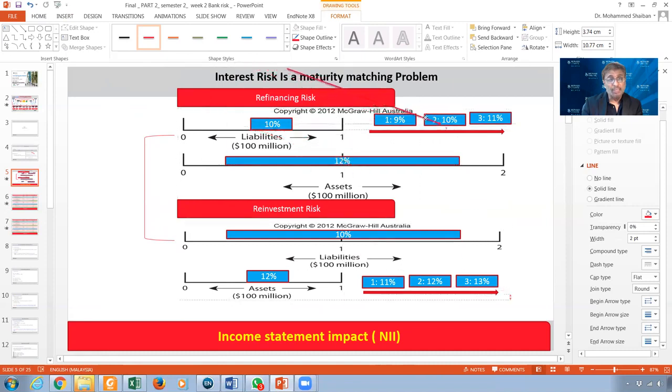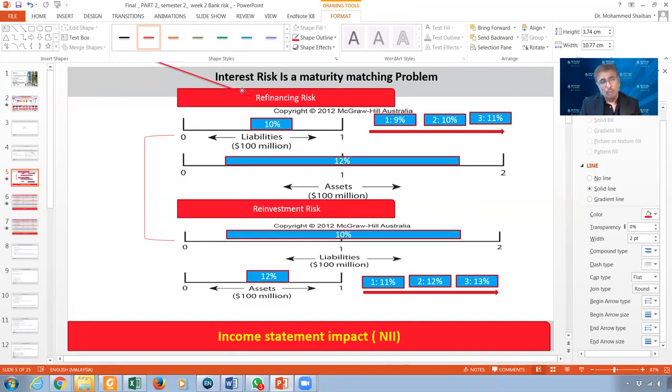If I'm at 10%, then there is no problem because 10% and 10% are still the same. The problem is if I'm in case 3. If I'm in case 3, I'm exposed to interest rate risk, and this is coming from the refinancing. So it's interest rate risk coming from refinancing, meaning I'm looking for somebody to refinance.